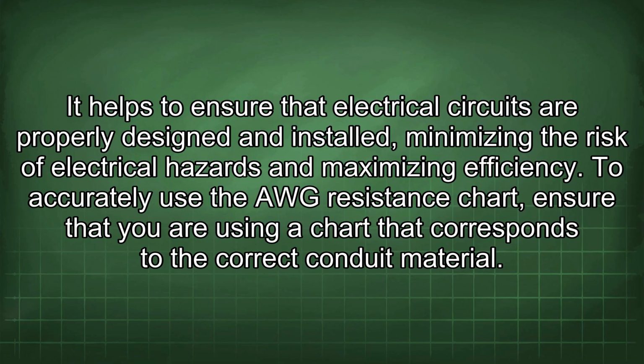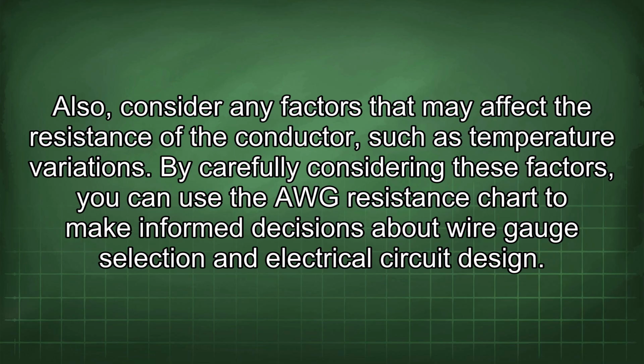To accurately use the AWG resistance chart, ensure that you are using a chart that corresponds to the correct conduit material. Also, consider any factors that may affect the resistance of the conductor, such as temperature variations.